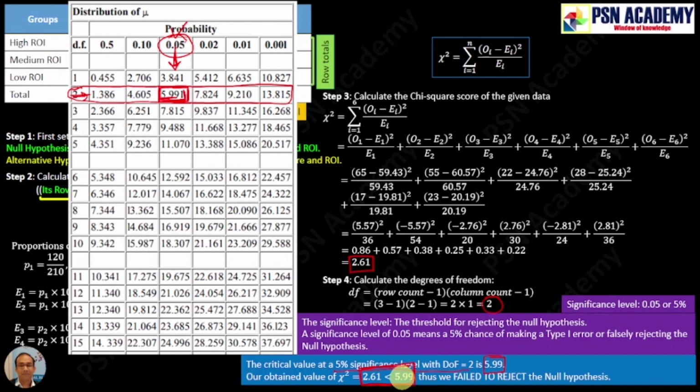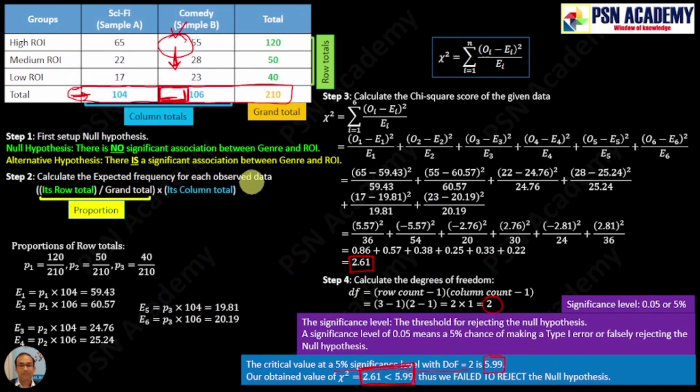Since you are within the threshold, we fail to reject the null hypothesis. That means your null hypothesis stays. The meaning is that there is no association between the genre and ROI. So this null hypothesis is true and stays, right? In this way, you can find any kind of association present between two categorical variables using the chi-square test.